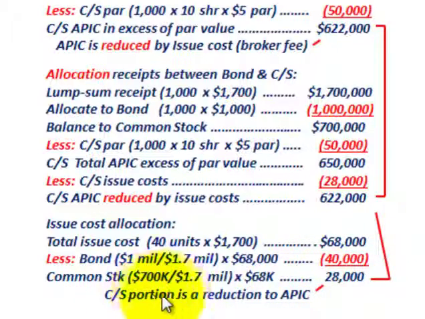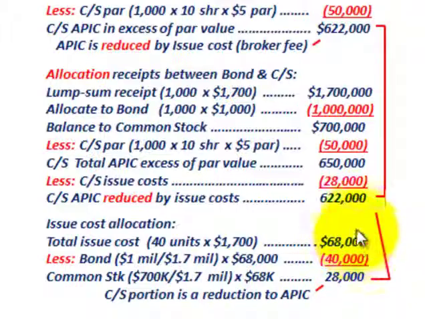So the common stock portion is the portion that would be a reduction to additional paid-in capital for common stock. So that's how we calculated that. We were able to allocate our bond issue costs at $40,000 and our common stock at $28,000. So this is how all this comes into play.